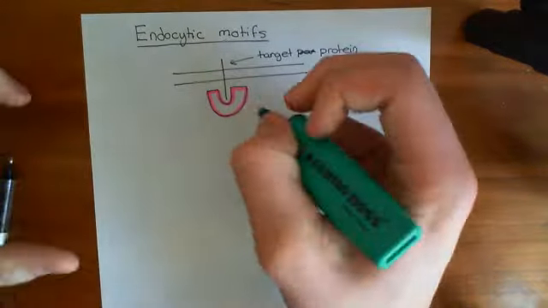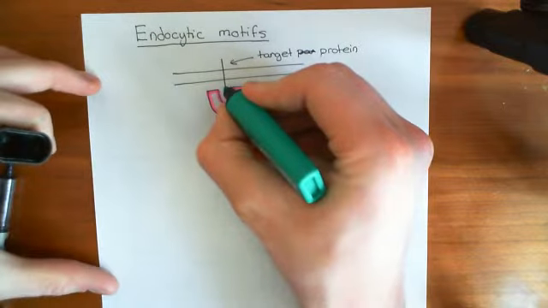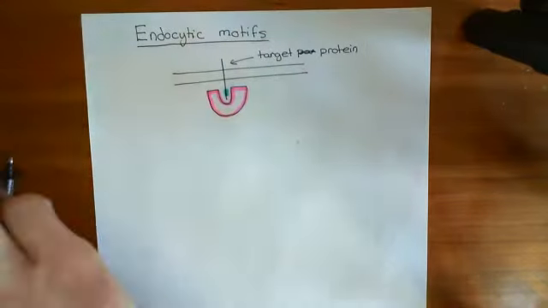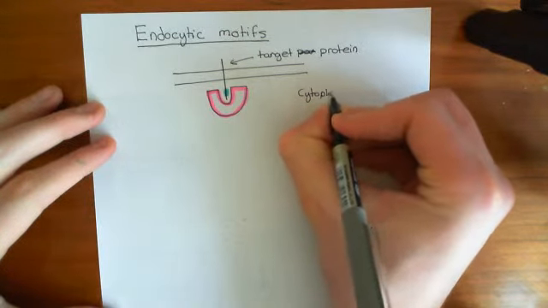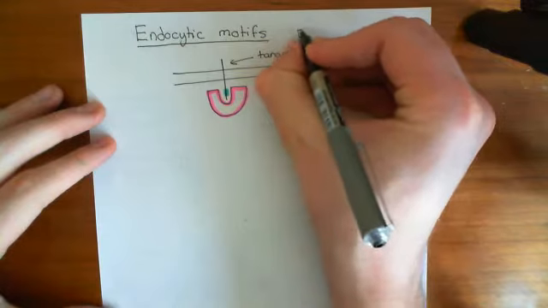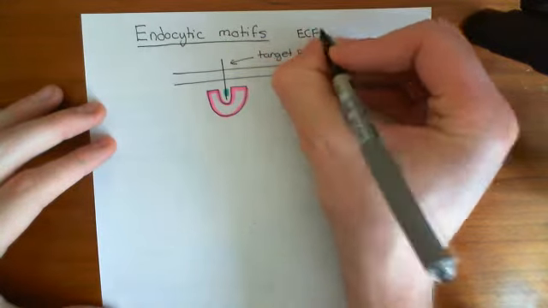So within this cytoplasmic domain of this protein, let me just label this up. This is the cytoplasm of the cell, and this is the extracellular fluid over here, ECF for short.